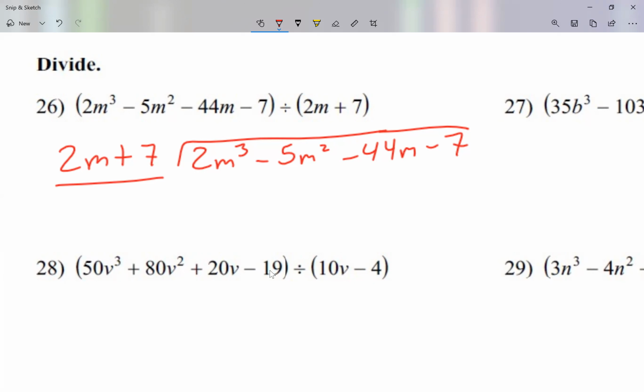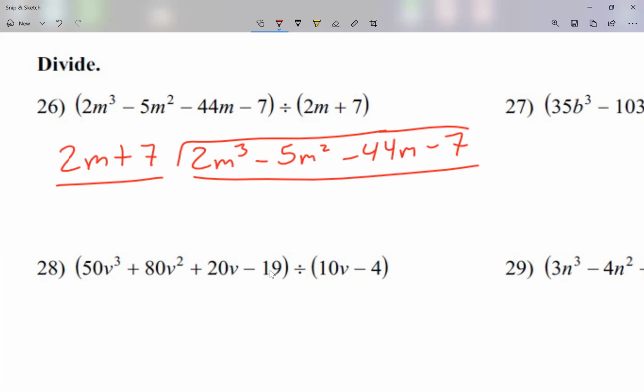That's why we don't see the m. So my exponents are in order and I'm not skipping any. Looking inside of my division house here, I see m to the third, m to the second, m to the 1, and then lastly, m to the 0. Okay, so that's okay, because I cannot be skipping any exponents.